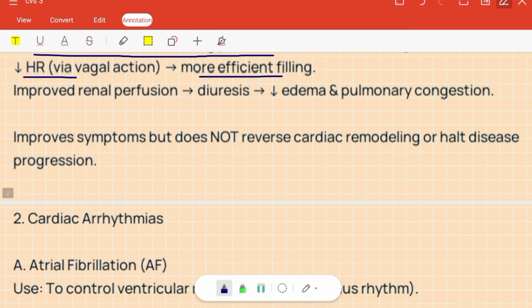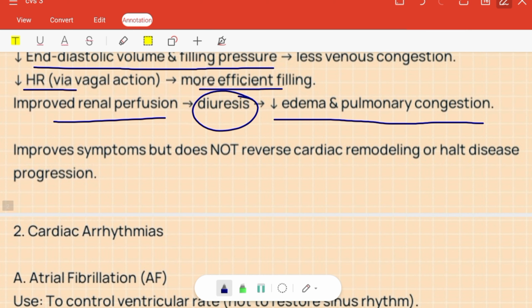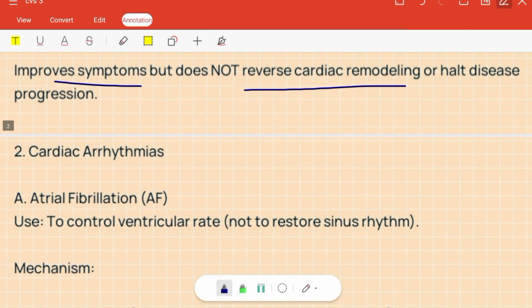Then it causes improved renal perfusion, that causes increased urine output, and so there is decreased edema and pulmonary congestion. One thing you must know is that digoxin improves the symptoms, but it does not reverse the cardiac remodeling. Okay, it only gives symptomatic treatment.